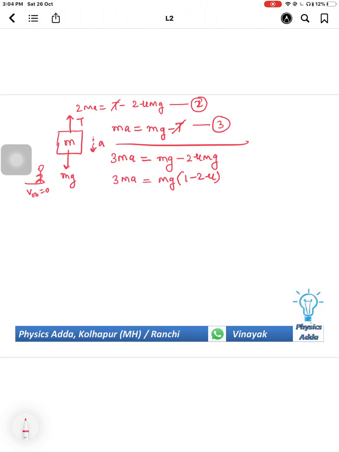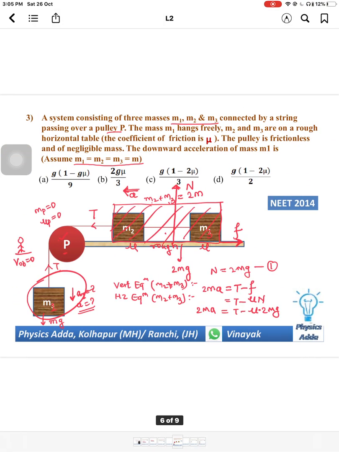So m gets cancelled, and a is equal to g into 1 minus twice mu by 3. Okay. So what is the right answer? Right answer is this one, g bracket 1 minus twice mu by 3.